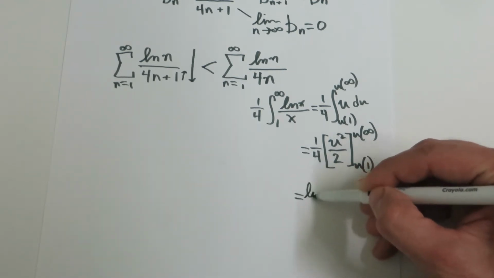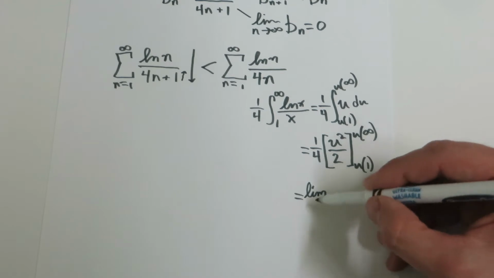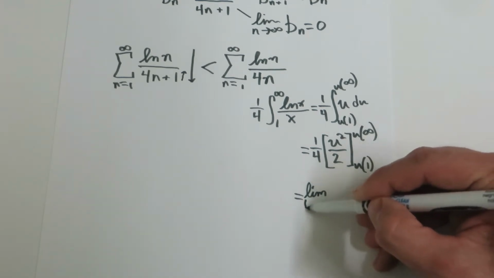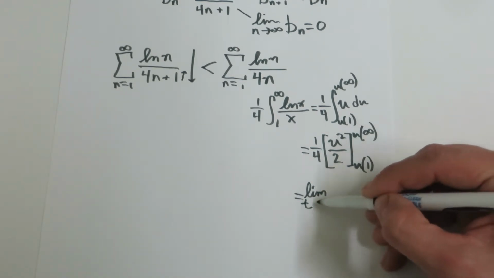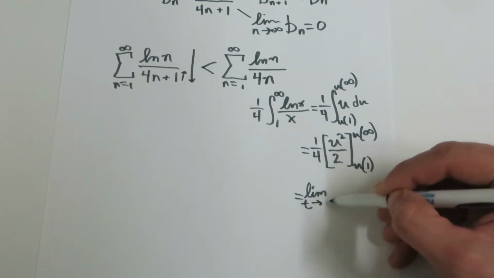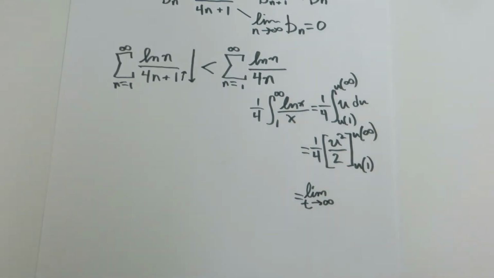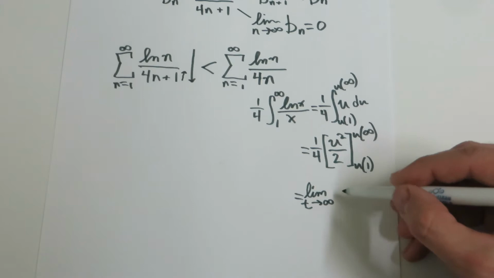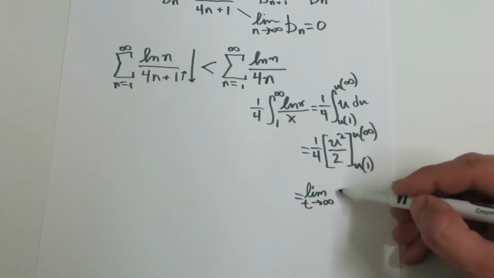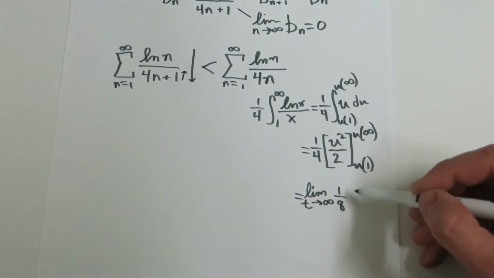You might see it this way sometimes in your textbook. So this is the limit as t approaches infinity. We're just going to plug back in for our u, 1 over 8.